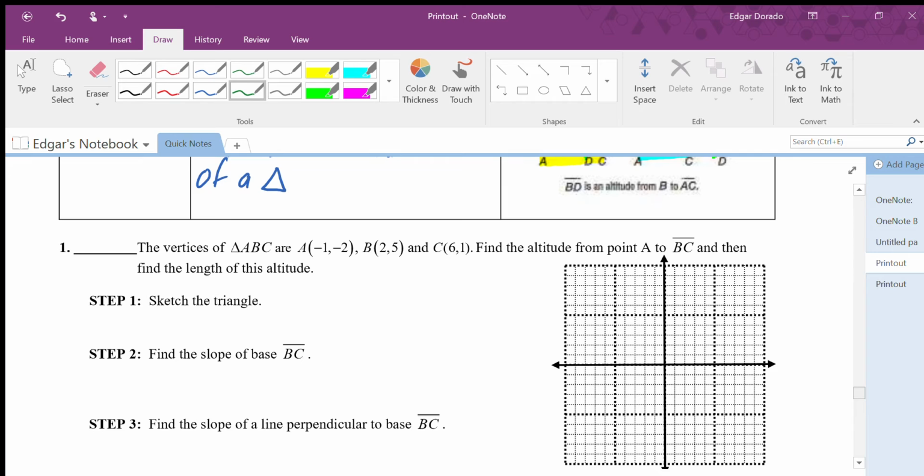So let's go ahead and read through this. It says the vertices of triangle ABC are -1, -2. So let's actually go ahead and start drawing right away. -1, -2, and right there is going to be A. And then we're going to have B, which is 2, 5.